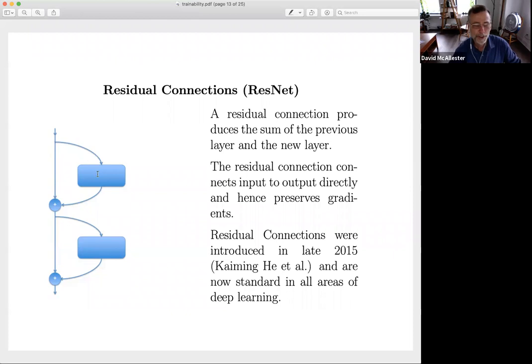This is the convolution. So it runs a convolution on the image to get a new tensor. But then instead of passing that tensor to the next convolution, you add that tensor to the input. So you add this modification to this.